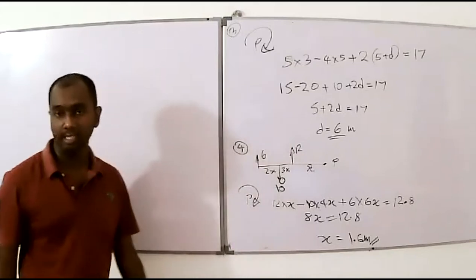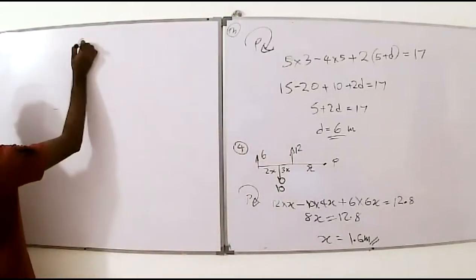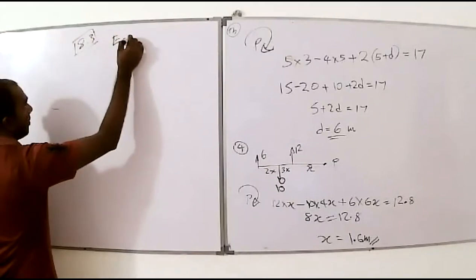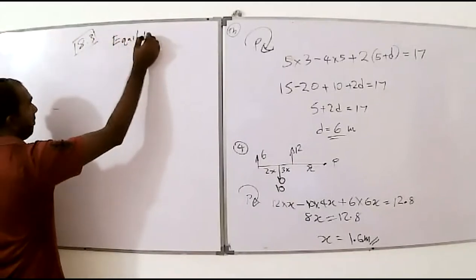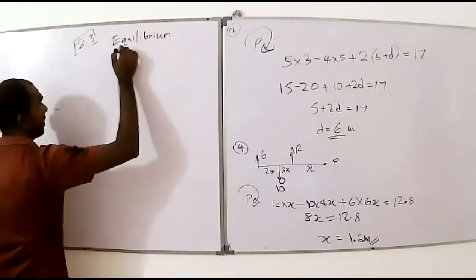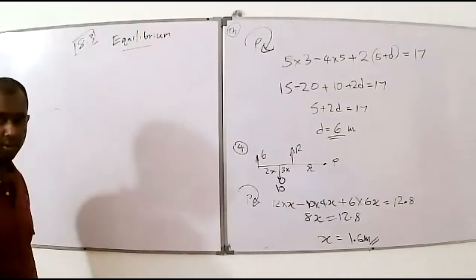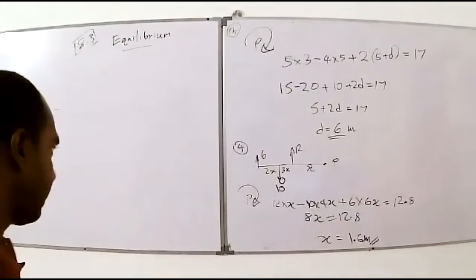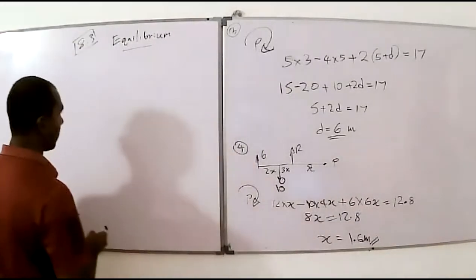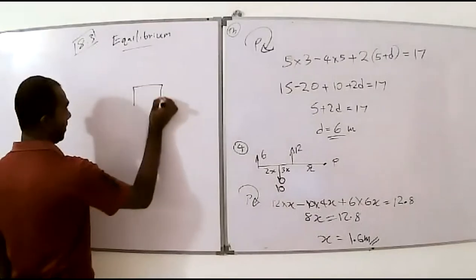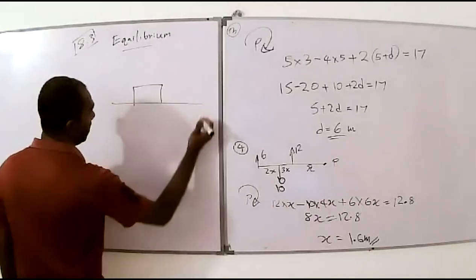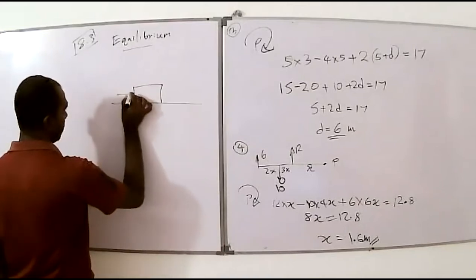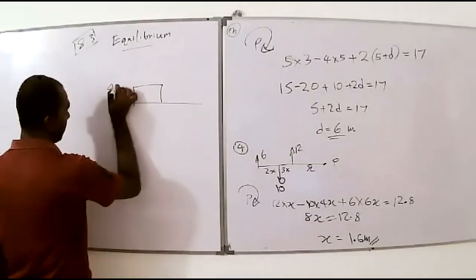Okay, now we are in 8.3, equilibrium. What is it? We are going to talk about equilibrium. This one is not new to you. We did so many questions on this. So when something is in equilibrium, what will we take? Say this is some object on the ground, and let's say we are applying a force of 4 newtons from this side.